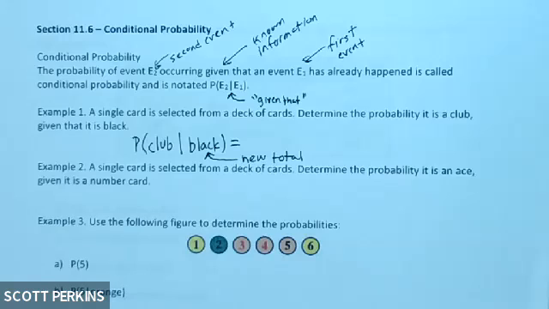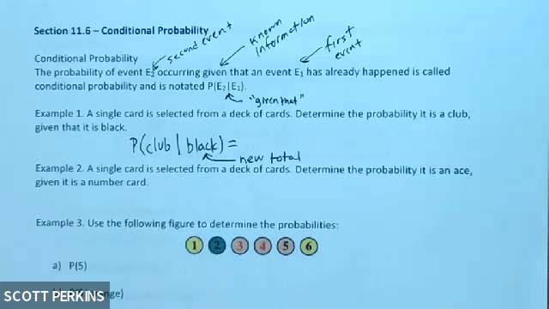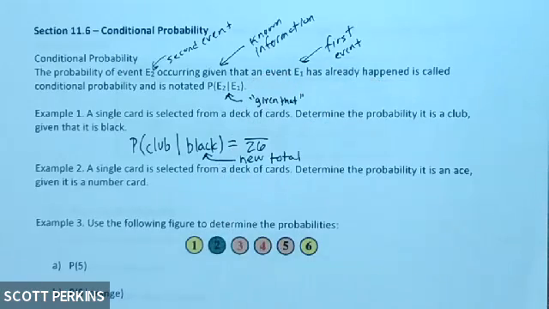Okay, so when I go to find the probability of a club, given it's a black card, well, what's my total number of outcomes? How many black cards are there? That's going to be my denominator. Whatever the given information is becomes your new denominator. That's your new total number of outcomes.